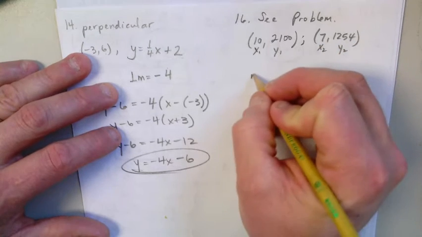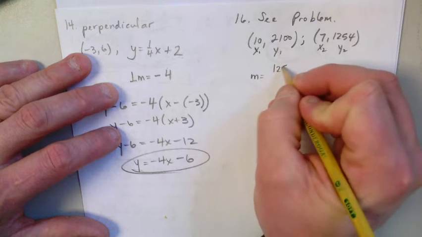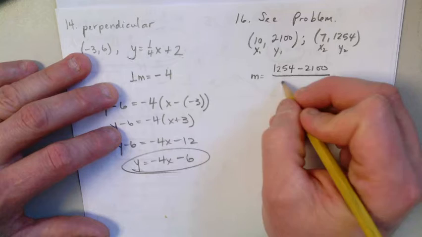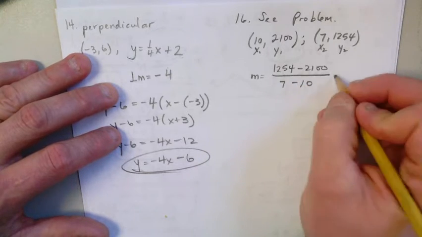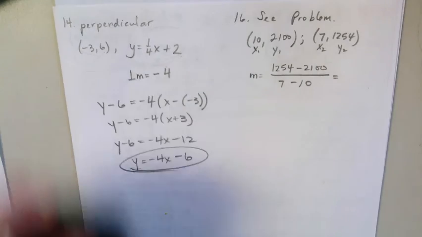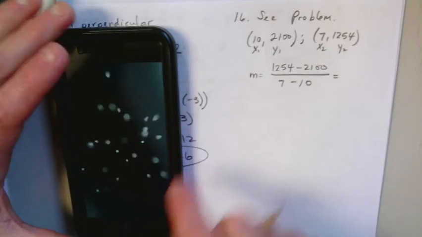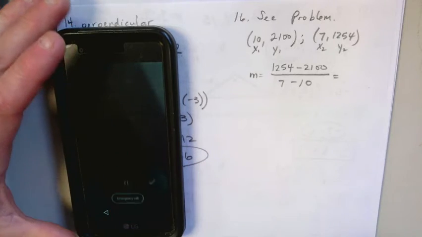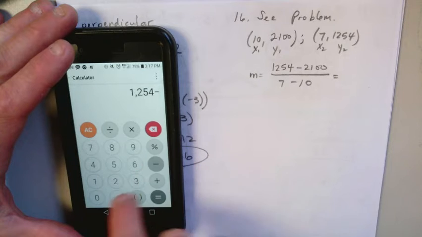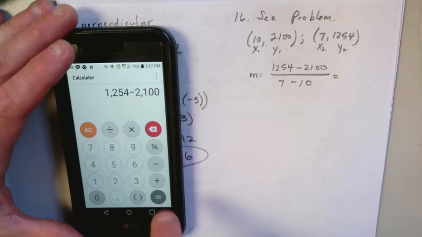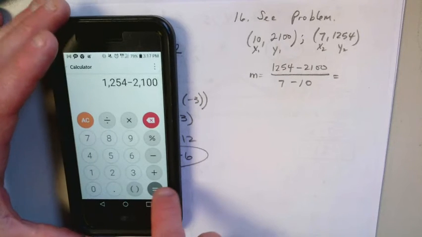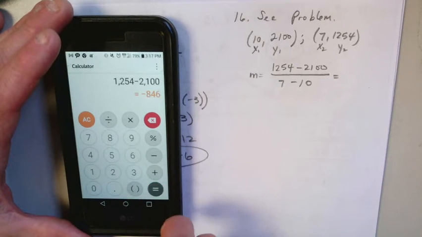So I'll go ahead and do this. The slope will be 1254 minus 2100 over 7 minus 10. Okay? Now, off the top of my head, and I want to double check this before I do anything, I've got 1254 minus 2100, 846.